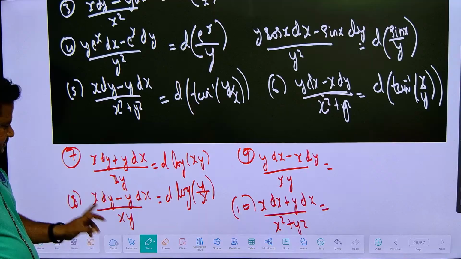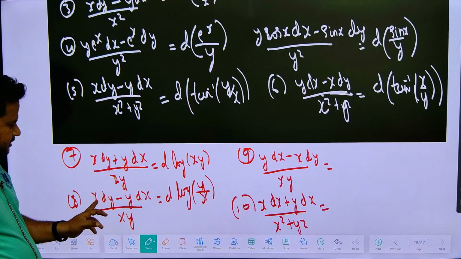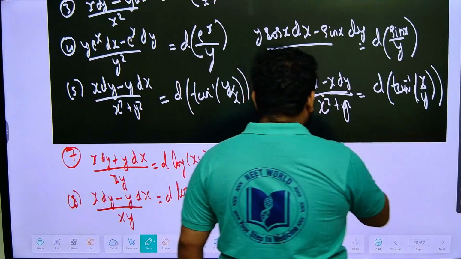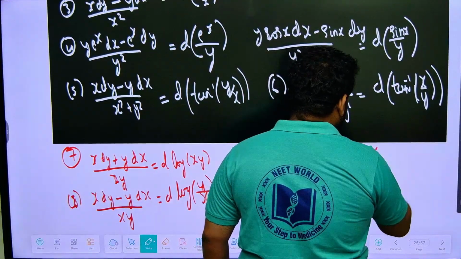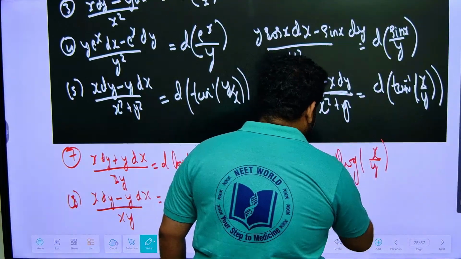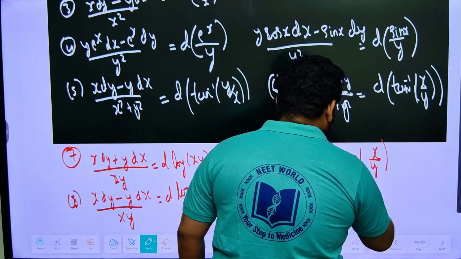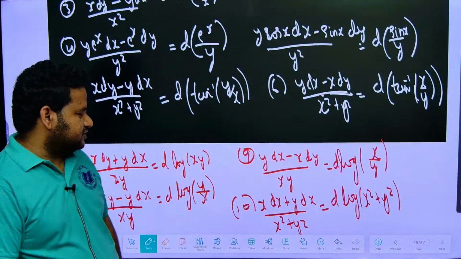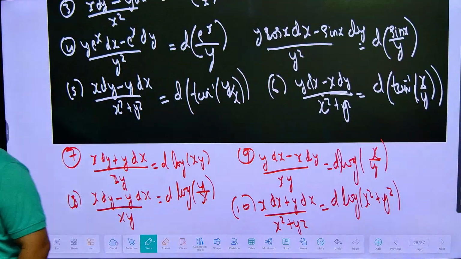Log of y by x, where x should be the denominator. Now y dx minus x dy will be the derivative of log of x by y. Now this will be the derivative of log of x square plus y square. I think 1 by 2 should come.